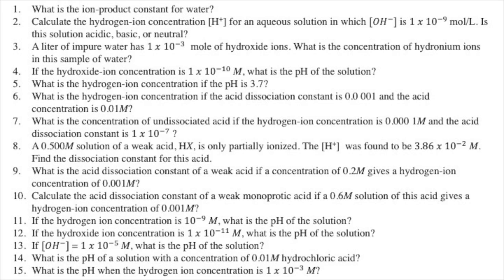Number 11, if the hydrogen ion concentration is 10 to the negative 9th molar, what is the pH of the solution? And you know that that would be 1 times 10 to the negative 9th. But 1 times 10 to the negative 9 is the same as 10 to the negative 9. And problems 11, 12, 13, 14, 15 are going to be very easy as opposed to some of the ones we've done up to this point.